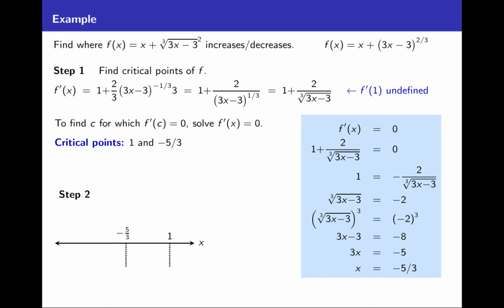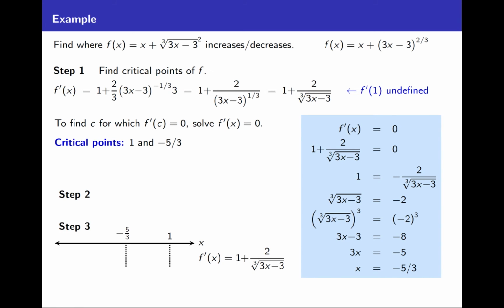And remember, step 2 was to divide the domain of the function f up into intervals based on the critical points. Now the domain of f, real quickly here, you could plug in any value of x to f. Its domain is all real numbers. So we take the entire line and put those 2 critical points in it, and that divides the line into 3 intervals.